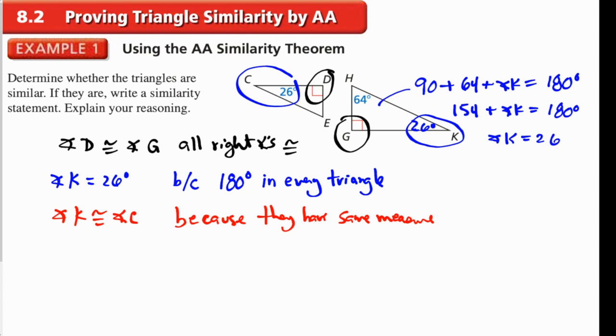And finally, we can say that triangle CDE is similar to triangle KGH by AA Similarity Theorem.